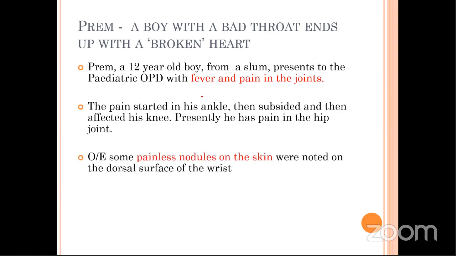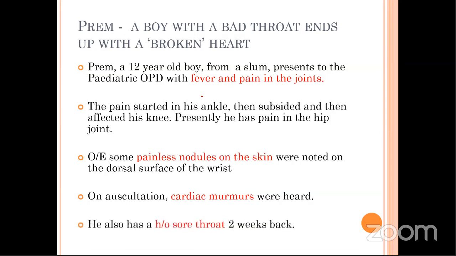On examination, some painless nodules on the skin were noted on the dorsal surface of his wrist. When the chest was auscultated, cardiac murmurs were heard. And he also gave a history of sore throat 2 weeks back.